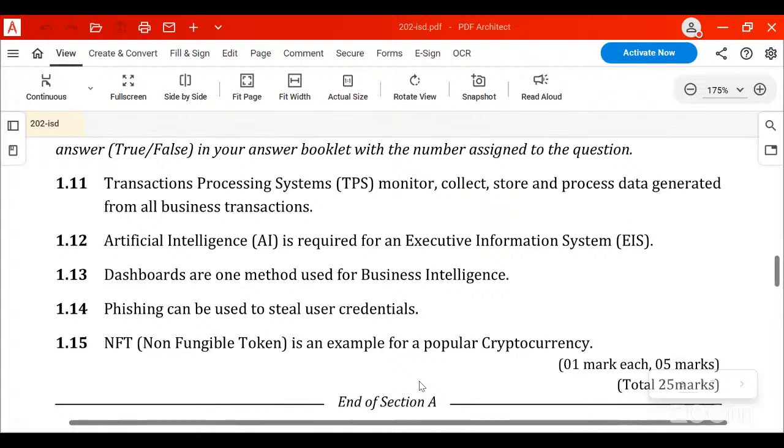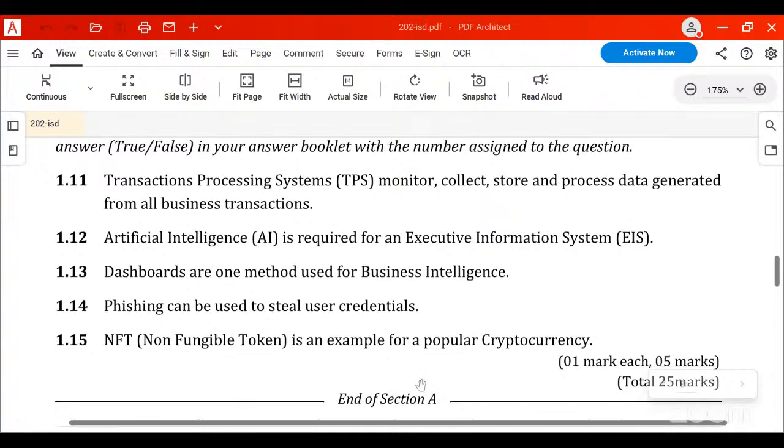Non-fungible means each NFT is unique and cannot be exchanged on a one-to-one basis like cryptocurrencies. For example, one Bitcoin equals another Bitcoin, right? And that is NFT. That is not crypto, right?